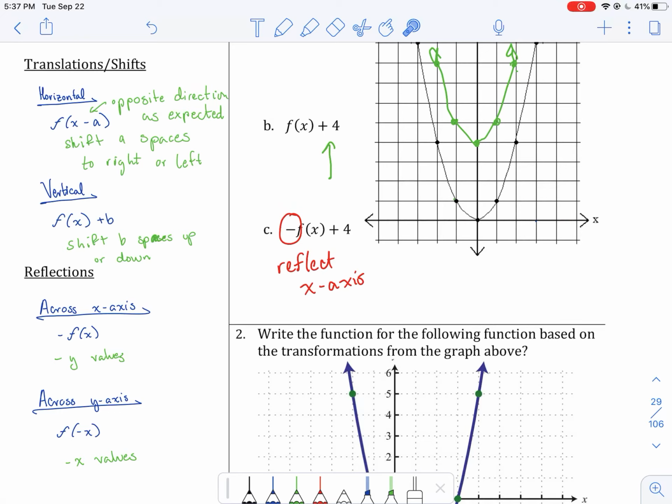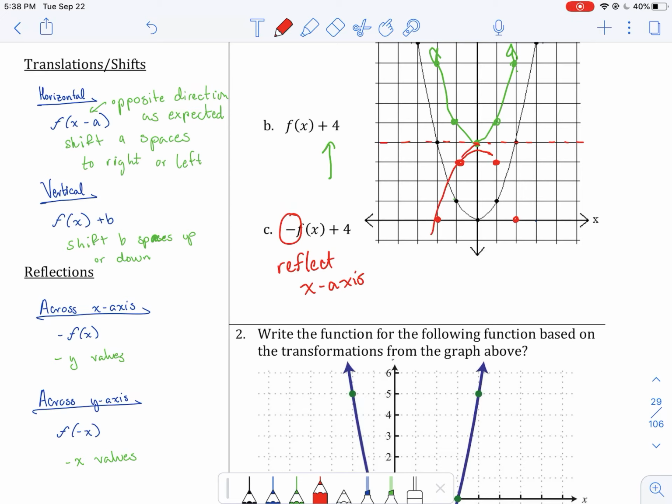You can also imagine it reflected here and then went up. The operations order doesn't matter in this case. So it could be reflected like this and then scoot up 4, or it could scoot up 4 and then reflect over. And so in this case, we'll reflect across this horizontal line, and we get points here, here, here, and here.